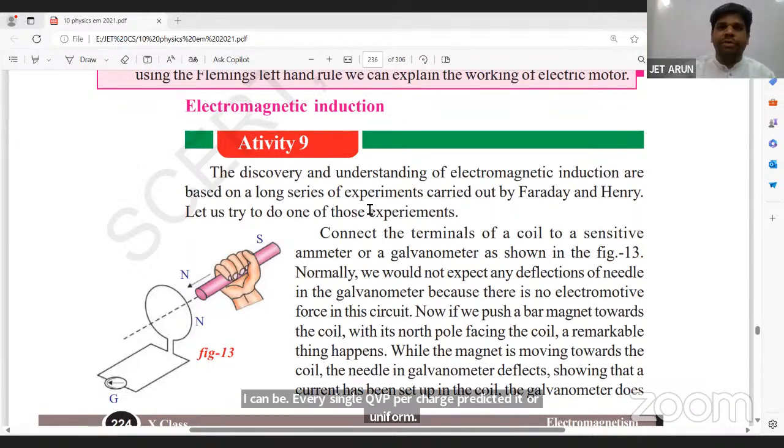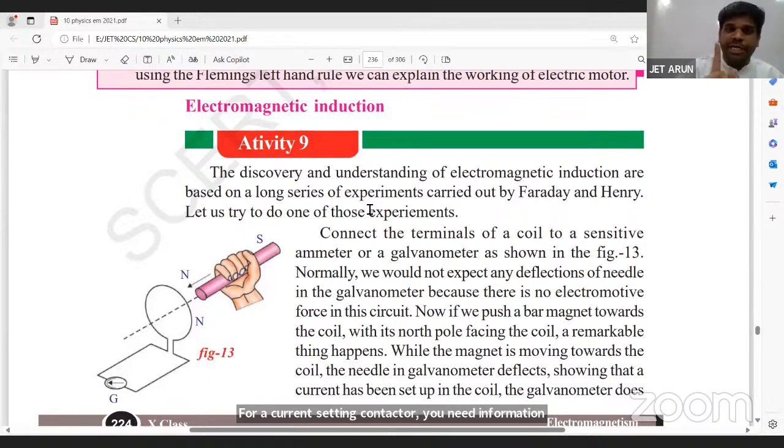F is equal to ILB for a current-carrying conductor perpendicular to a uniform magnetic field. I repeat, if the charge is projected in the direction of the magnetic field, no force acts on the charge. Similarly, if there is a current-carrying conductor in the direction of the magnetic field, no force acts on the conductor. All right, let's go for induction now.